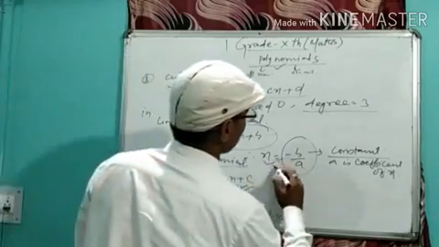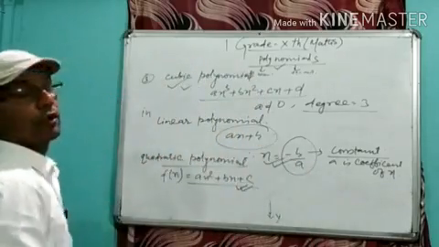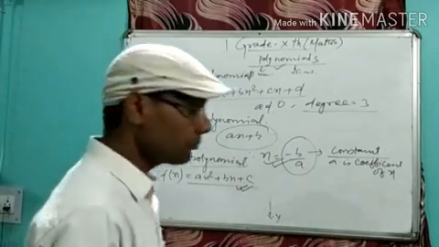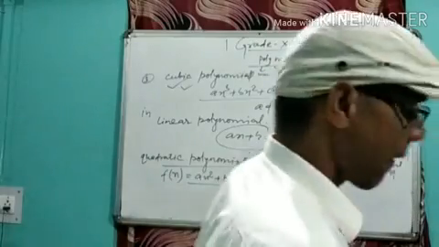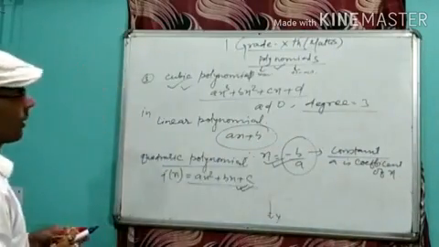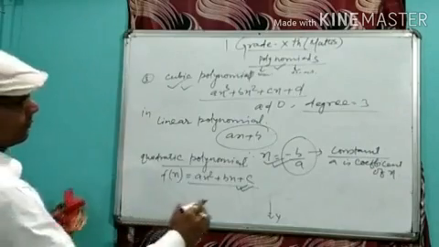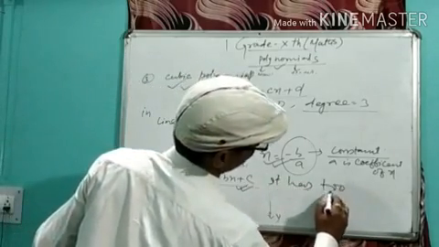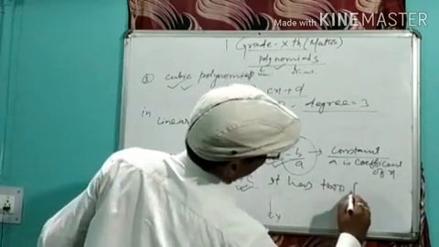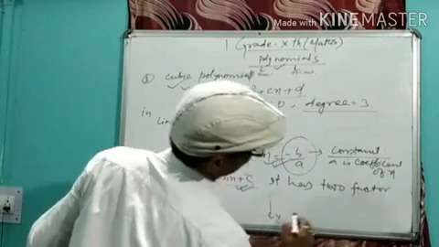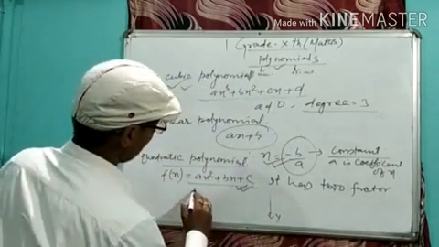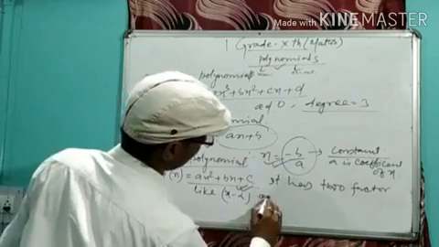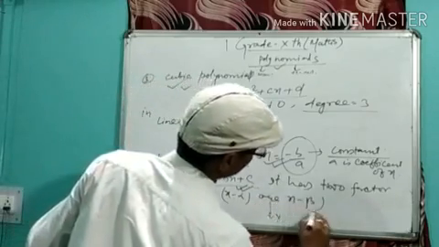Here the zeros are known as alpha, second beta, third gamma, like this. Okay? A quadratic polynomial has two factors like x minus alpha and x minus beta.